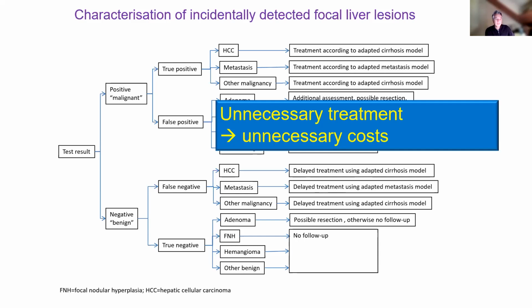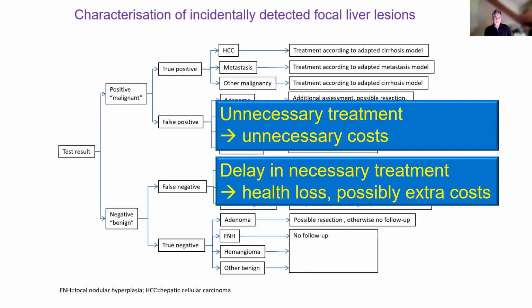And then with the negative test results, here you have the false negative and the true negative. So true negative, that's a correct result. The patient doesn't require any follow-up usually, but the real issue lies with the false negative results. That's basically a different kind of error, which would mean some delay in necessary treatment, which would probably lead to some kind of health loss, and possibly even extra costs because of the delayed treatment.